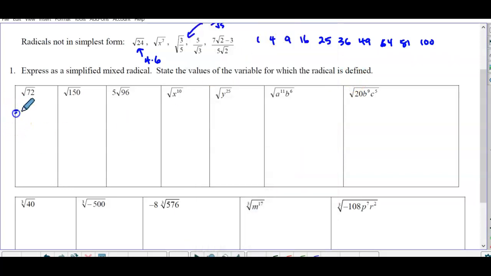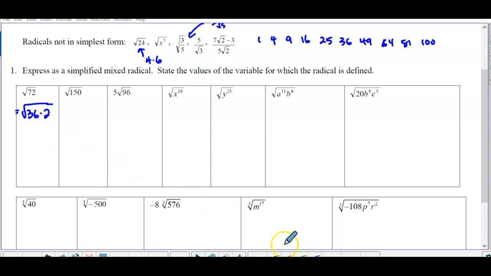So you can show this. Just to start, I'm going to show it as that factor. And then I circle the perfect square, which is what I like to do when I'm learning this stuff. Okay, root 36 is 6. I think about the symbol as the roof of your house, and 36 is the perfect child.